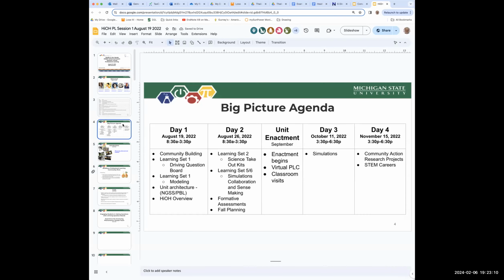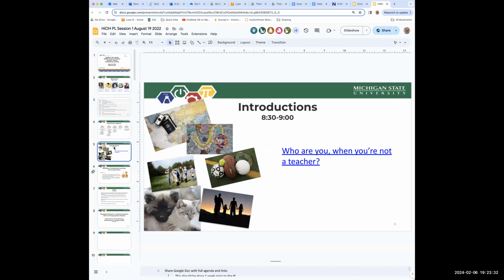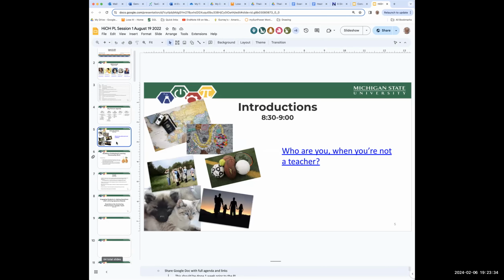And that builds on ideas of the brain reward system, and it introduces natural selection. We have the teachers together for these sessions because they're middle school. So you'll notice that there are some slides that focus on the driving question board of diabetes, and then there's also the substance use disorder slides.